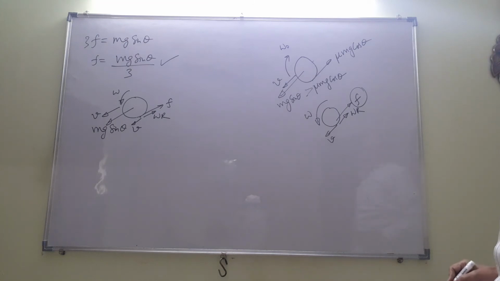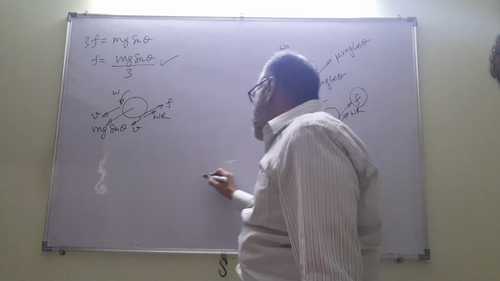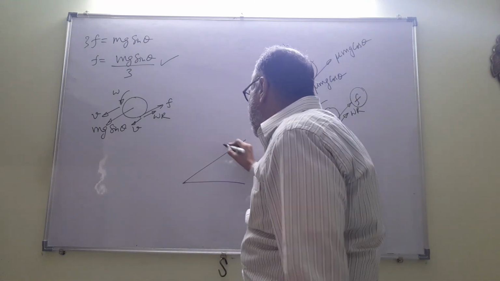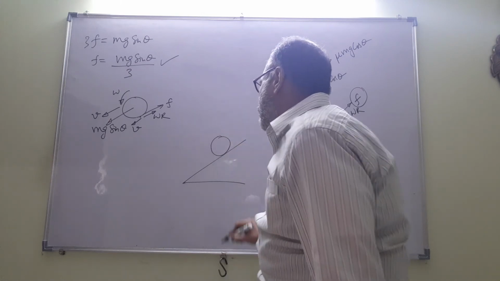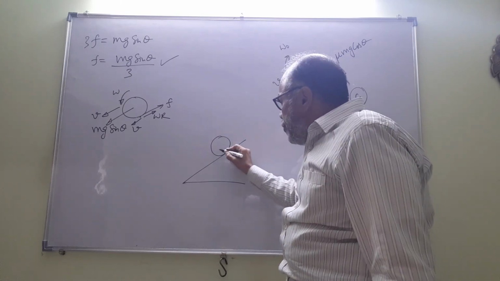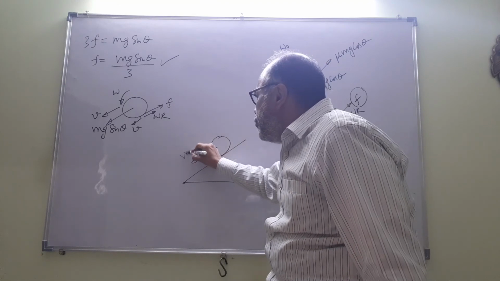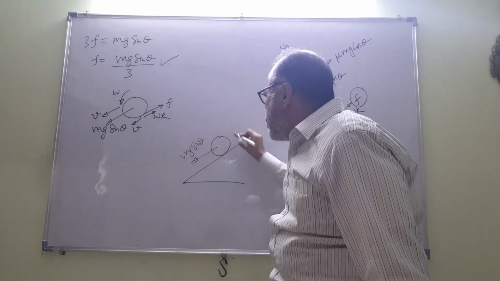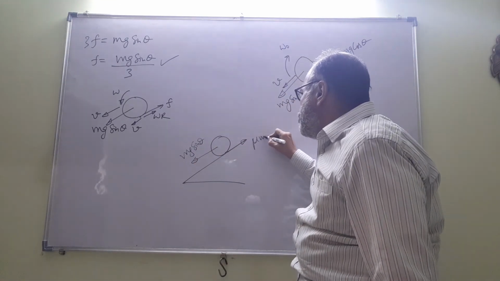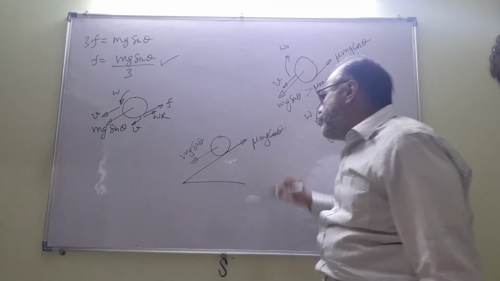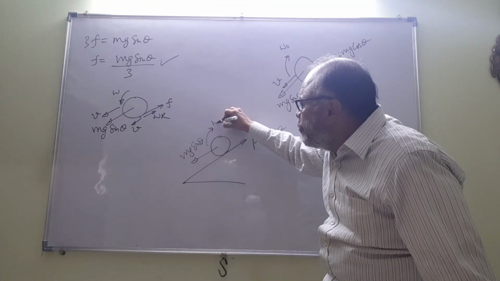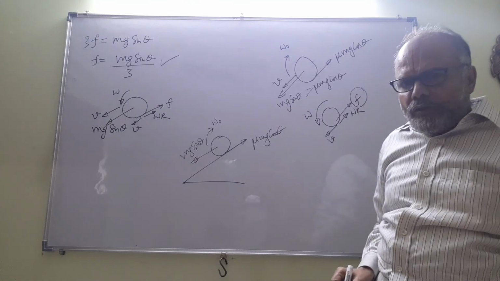Then the third case was the case where mg sin theta was equal to mu mg cos theta, and we had left the body with an angular velocity omega naught.